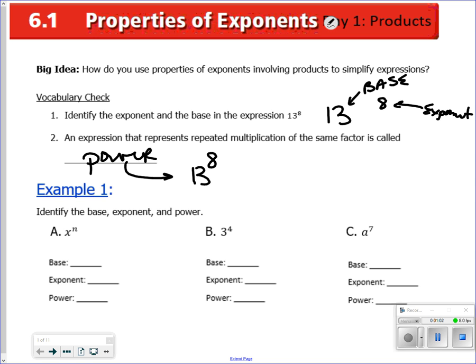In the first one here, x is the base, n is the exponent, and x raised to the nth is the power. 3 is the base, 4 is the exponent, and 3 to the 4th is the power. And the last one, a is the base, 7 is the exponent, and a to the 7th is the power. It's basically the repeated multiplication of the same factor that is referred to as the power.